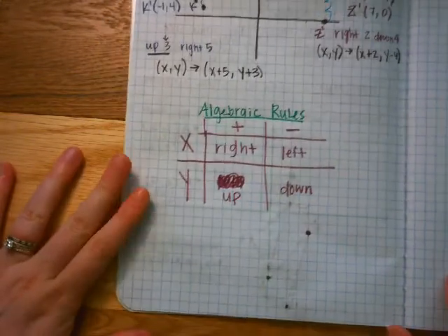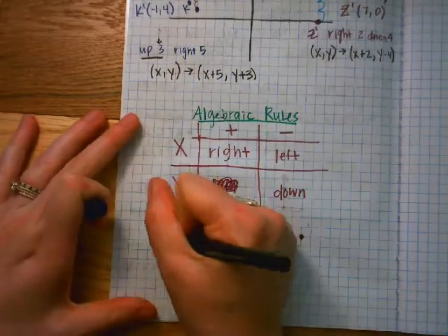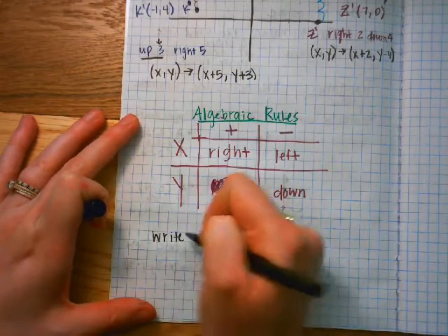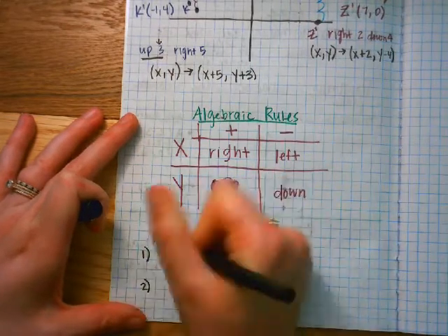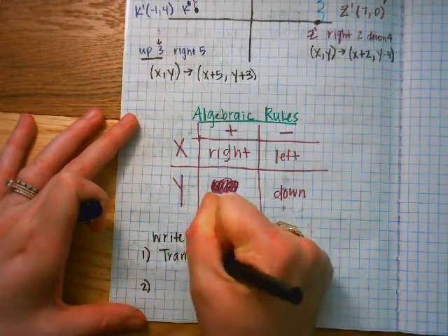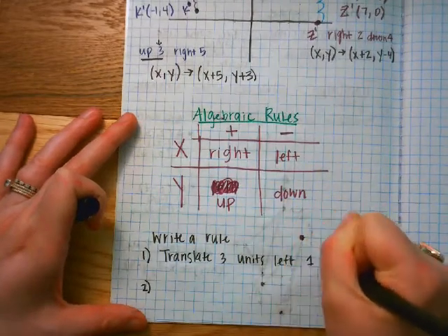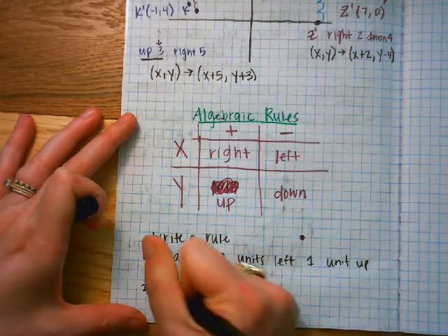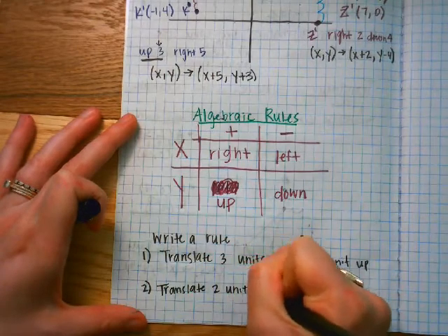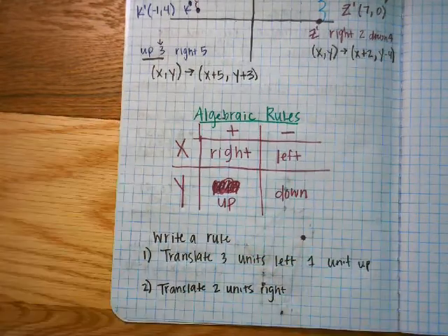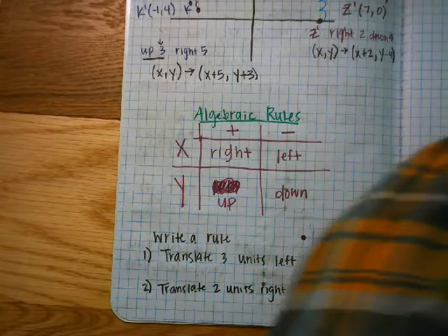So let's do just two quick little examples in your notes. I want you to just write them and then we'll go over them. So I want you to write a rule, okay? Write a rule. All right, so you're doing these two, and when you have an answer, put them in the chat box for me.